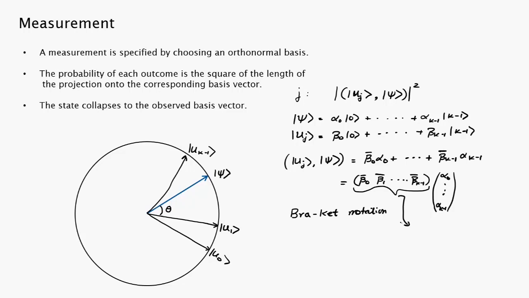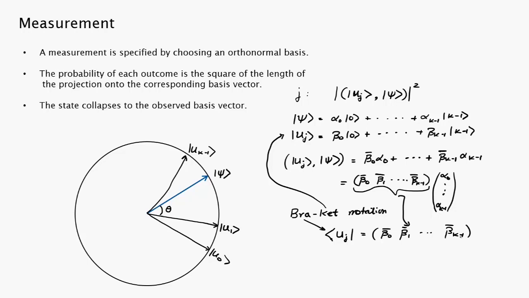This vector is denoted by u sub j with this bracket pointing left, and this is called the bra, and that is called the ket. So bra u sub j is exactly this vector in the dual space. It's the conjugate transpose of the original vector.